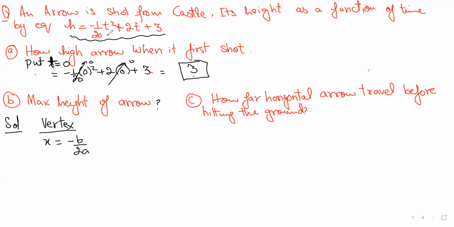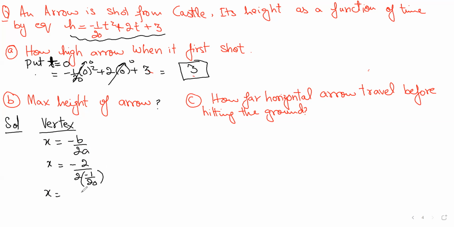It's very easy. I have my a, b, as well as c. I'm going to use a and b here. My b is 2, while my a is -1/2, in fraction form. I can write it in decimal as well. It's up to you how you want to solve it.